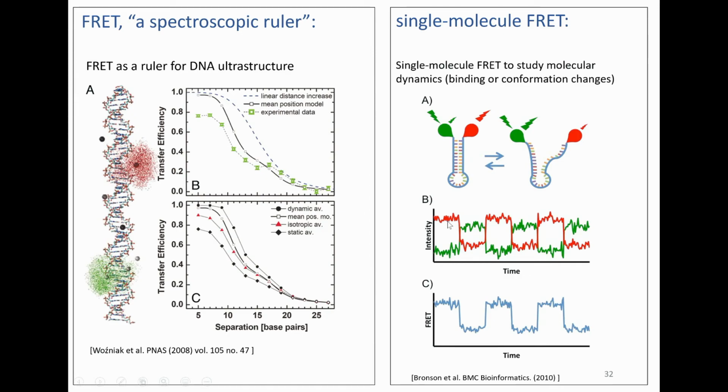And when they are open, you get a strong donor signal and a low acceptor signal, and when they're closed, the opposite takes place. You can see they are closed, open, and so on. So strong FRET, low FRET, strong FRET, and so on. So it's remarkable that you can get dynamic information like that on the nanoscopic scale.